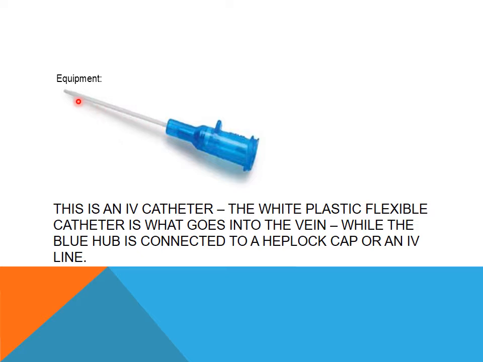You slide it over the needle into the vein, then you extract the needle and leave the catheter in place. The blue hub is what you'll see on the surface of the skin. This can either be capped, which is known as a heplock, or connected to IV tubing for your IV line.